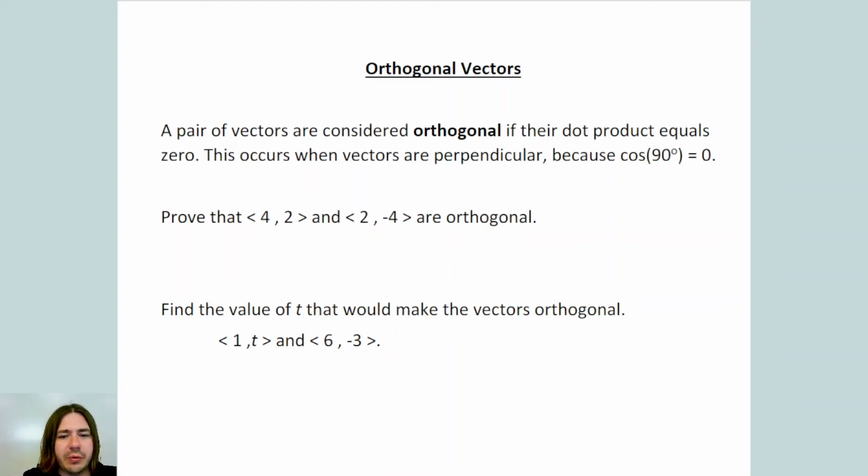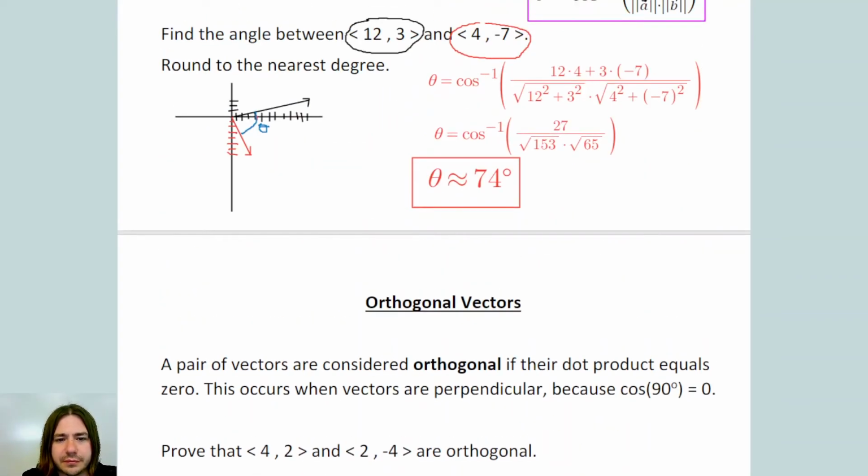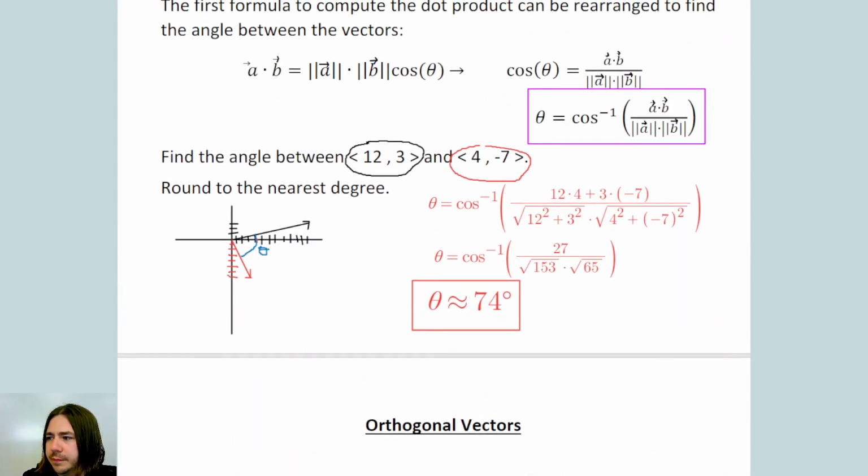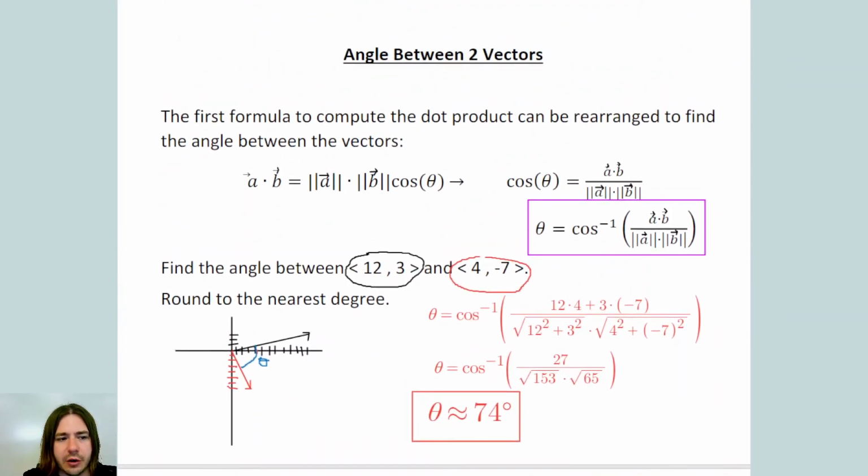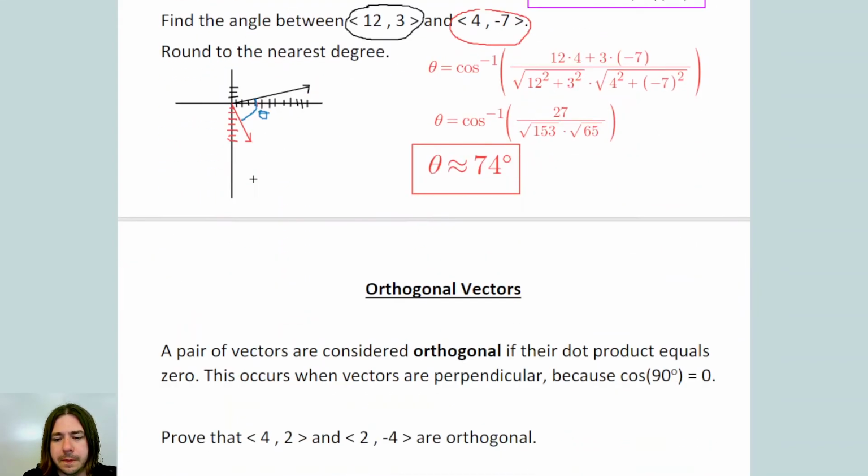And if the angle between them is 90 degrees, let me go back up to this formula. This right here, cosine of 90, is going to be 0. So if this number here is 0, 0 times anything is 0. So that means this whole side is 0, which means that the dot product is 0.